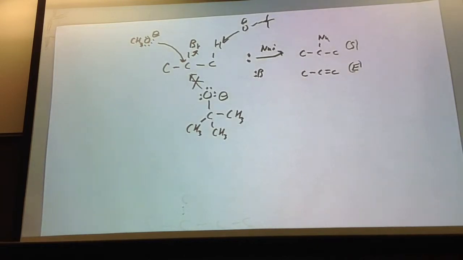It's easier for it to be a base. And the smaller ones tend to be able to act as nucleophiles and attack carbons. So chemists have ways to try to force a reaction, but it doesn't always work out. You always have to worry about getting a mixture when you do a reaction.